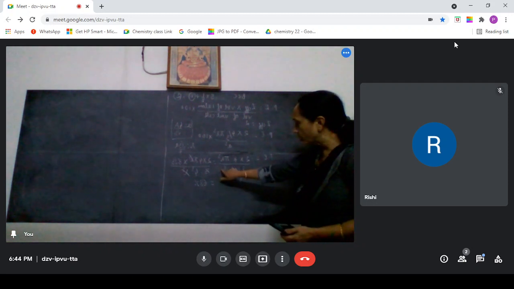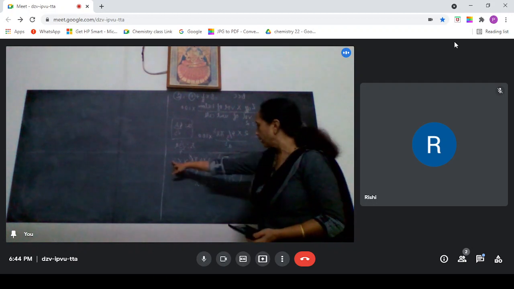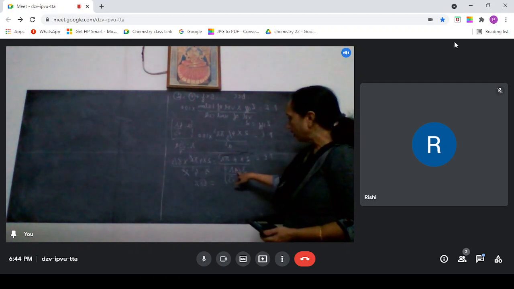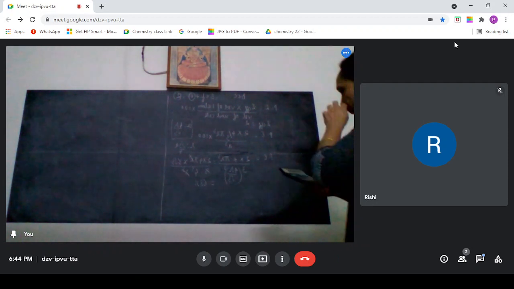This is root 3 cube, it will go up. Root 3 into root 3 is 3. 3 root 3 by this 3 and 4 cube r cube. R cube gets cancelled.